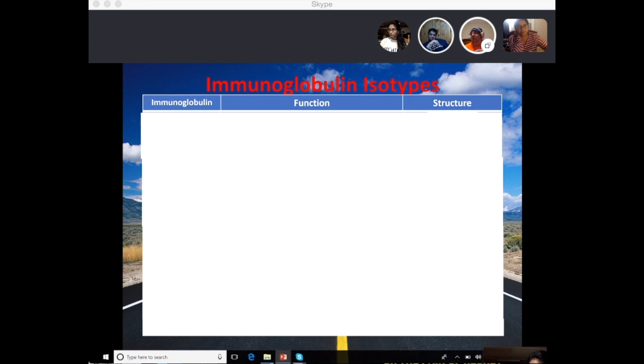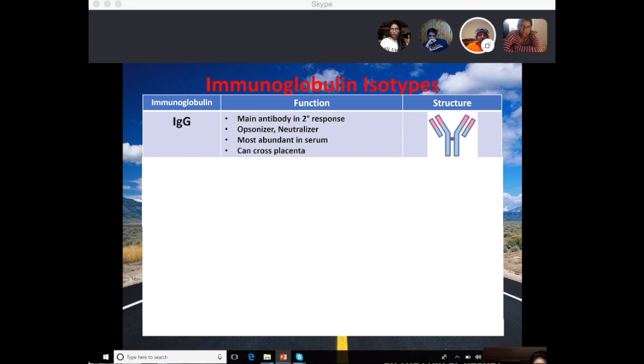It is in the secondary inflammatory response. It crosses the placenta, and that's the one that provides immunity for infants for 6 months when they're born. And it's effective against viruses and bacteria. So pretty much the only other thing is that it also is the opsonizer or the neutralizer.